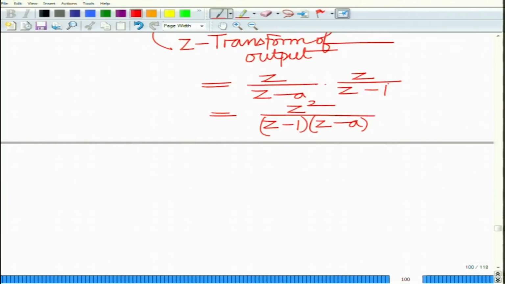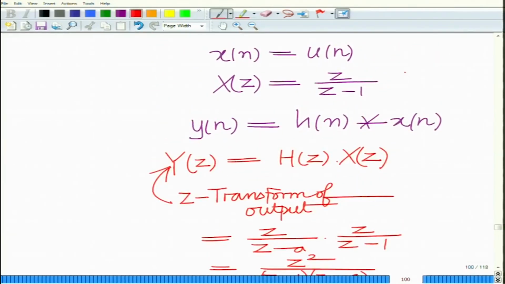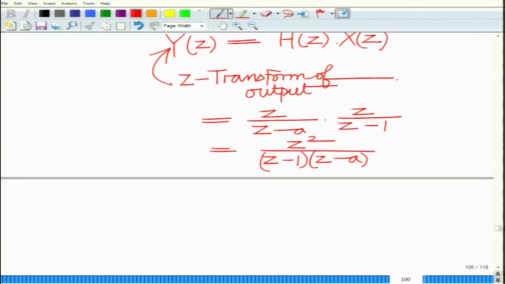Now, remember the ROC of this is basically magnitude of z greater than 1. Previously, we had magnitude of z greater than a. So, you combine both these things. Now, since a is less than 1, the ROC has to include both, magnitude z greater than 1 and magnitude z greater than a. So, this has to be the intersection of these two regions.